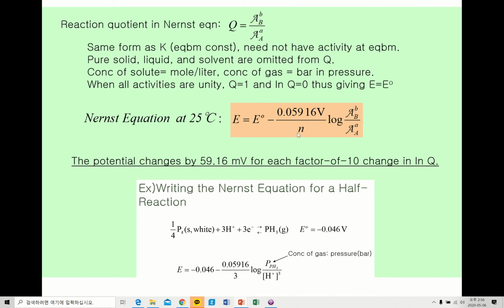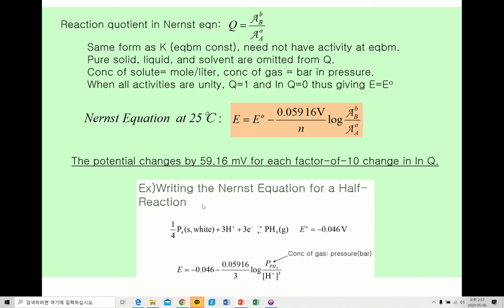This means the potential changes by 59.16 millivolts for each factor of 10 change in Q. When n equals 1, the potential changes by about 60 millivolts, right?